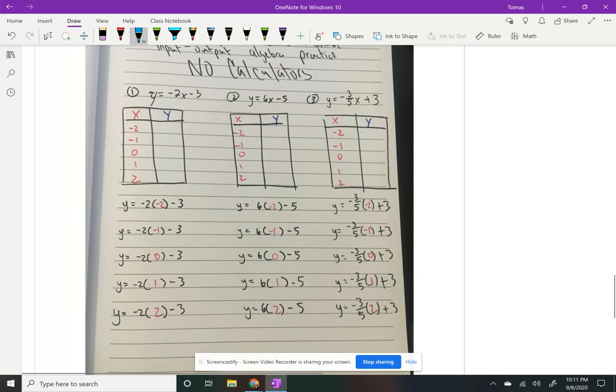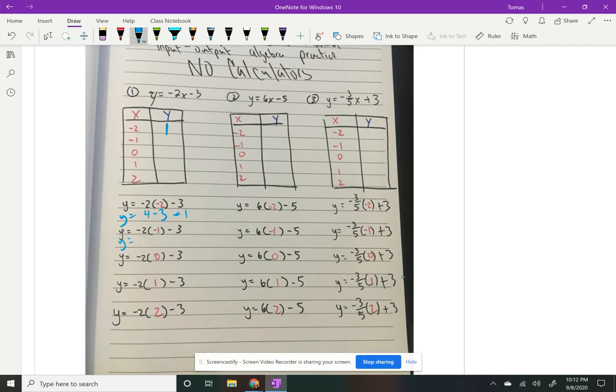So right here we have, let me do it in black. Y equals negative times a negative is a positive, right? 4 minus 3 equals 1. Oh, you know what? I should do it in blue because we're finding y. Let me do it in blue. So we have negative times a negative is a positive. 4 minus 3 equals 1. Okay.